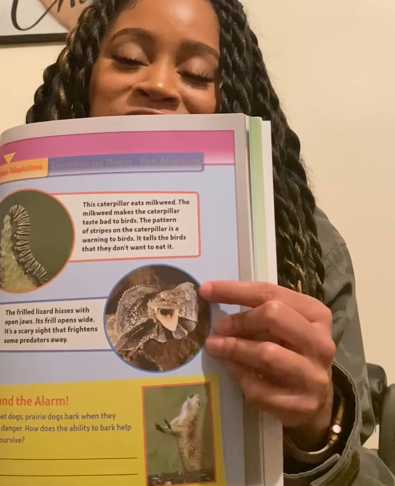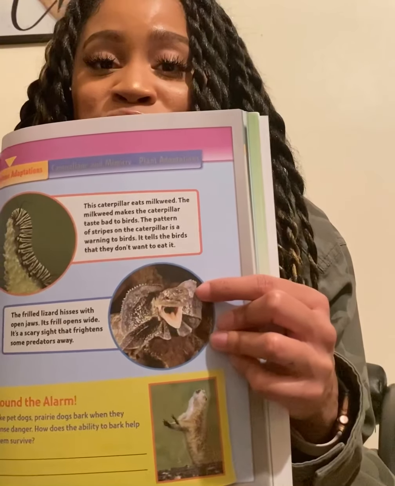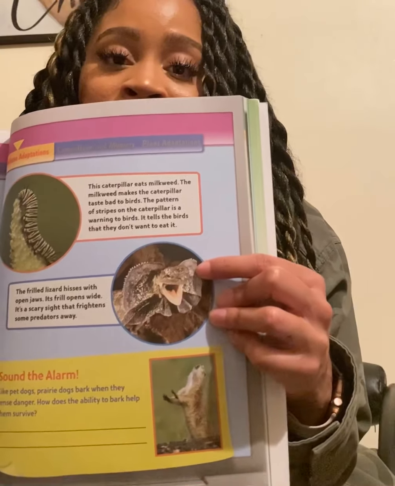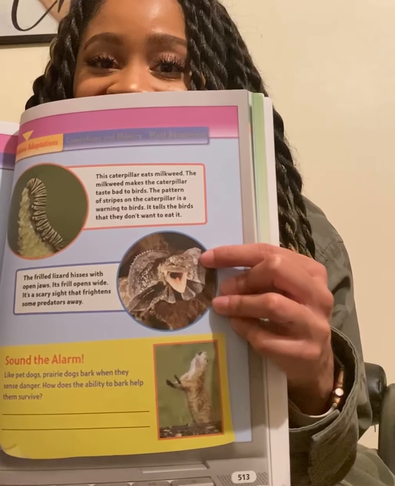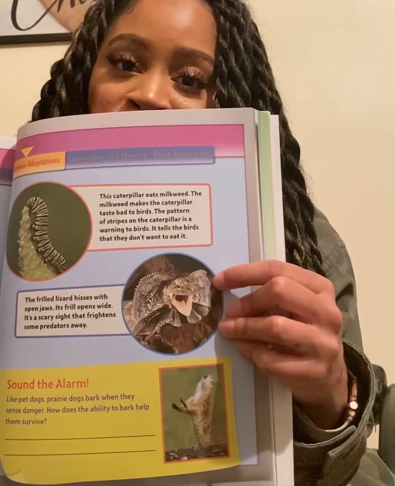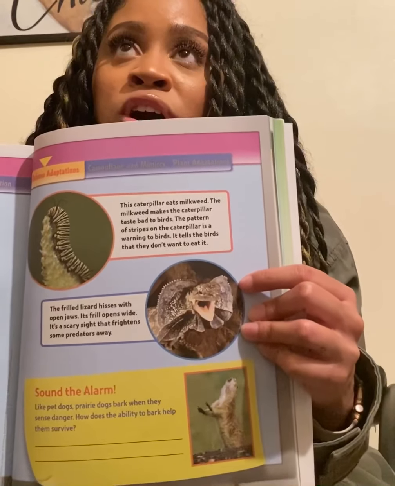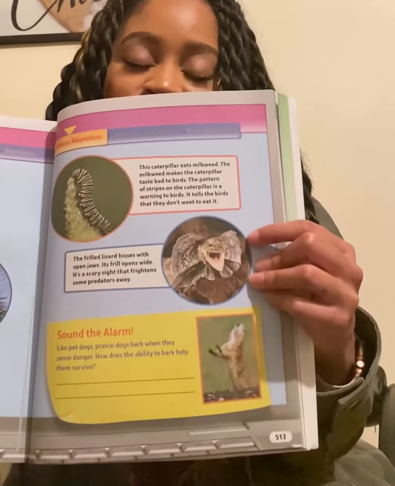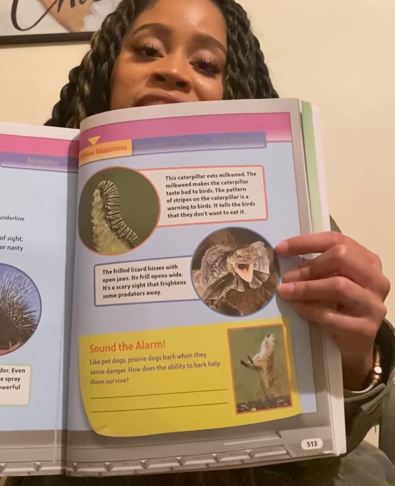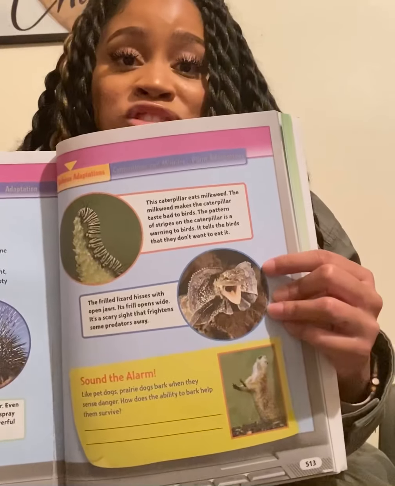So this right here is what this lizard will do when it feels threatened by a predator, and this right here will scare the predator off and keep the predator away, okay? This is an adaptation as well, but these are defense mechanisms. These are adaptations that help animals defend themselves, okay? And in turn, it keeps them alive.